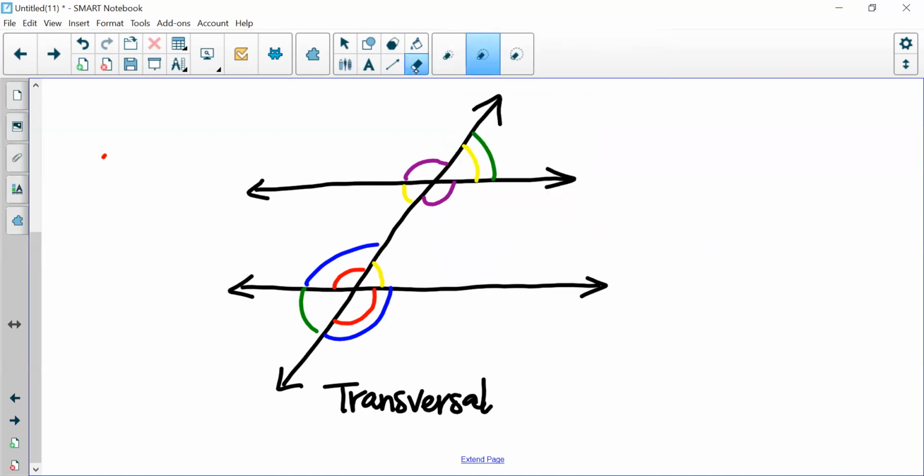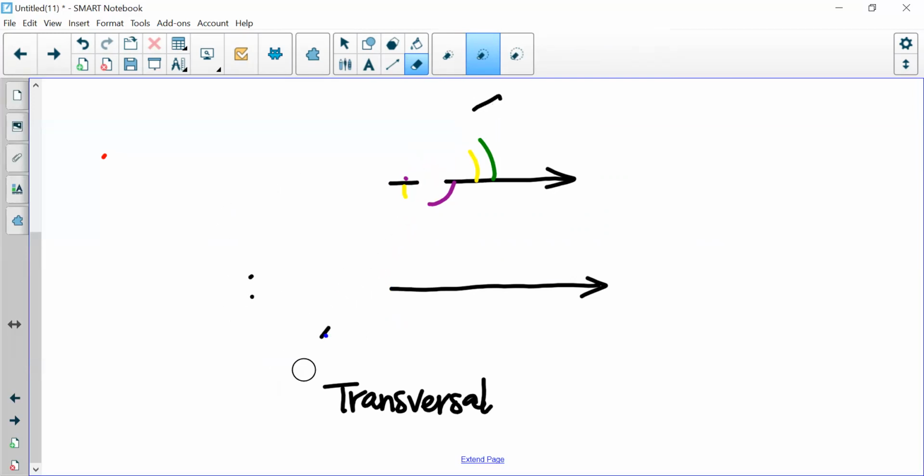All right, y'all, let me do something. Let me fix this. Color code. Y'all, I done messed my drawing up. All right, let me try this again.